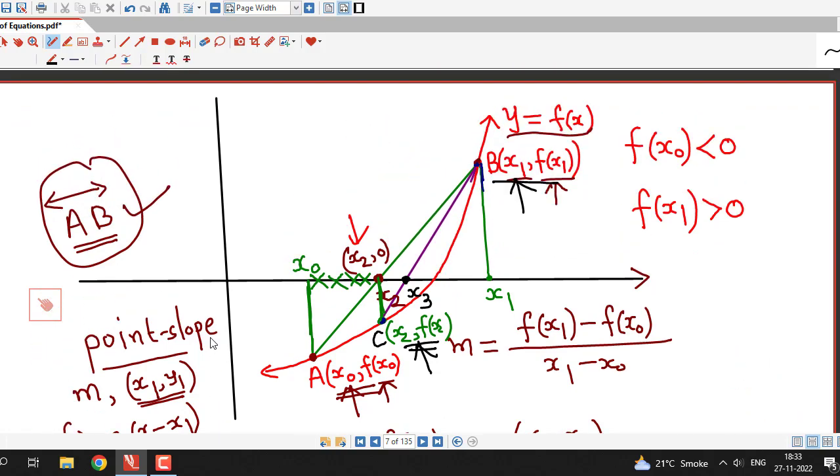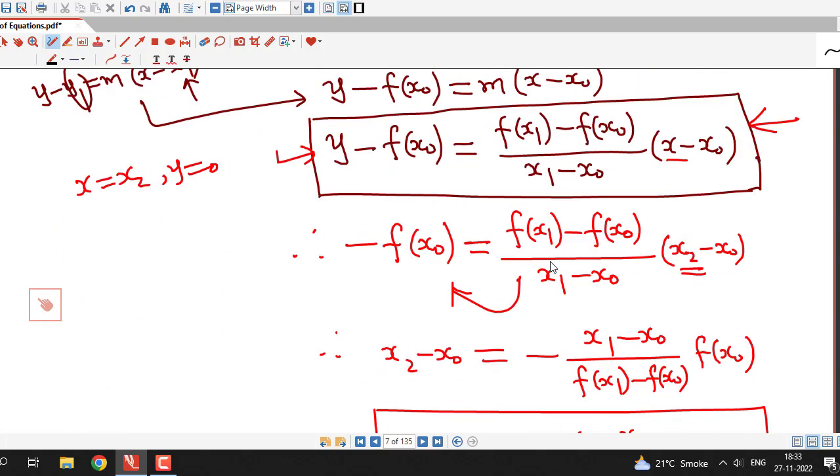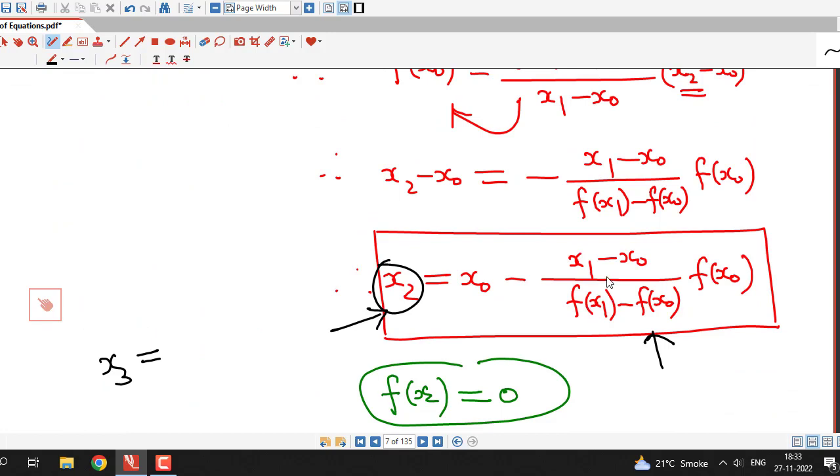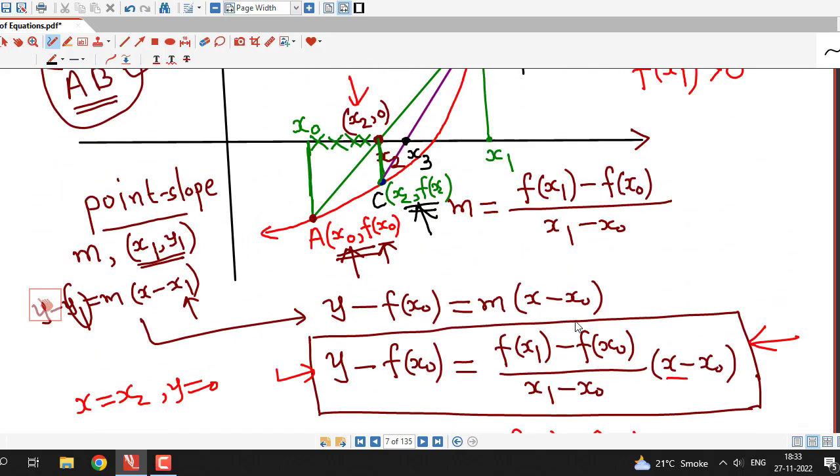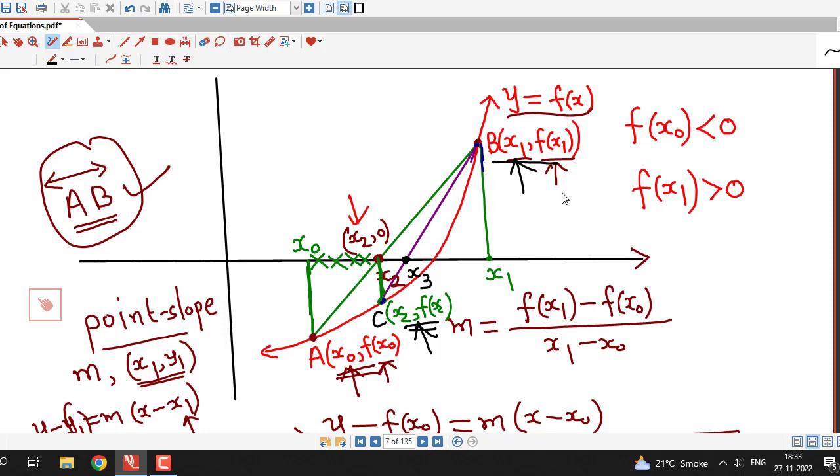What you have to remember is this formula: x2 equal to x0 minus x1 minus x0 divided by f of x1 minus f of x0 times f of x0. And if you don't want to cram this formula, you can derive it using straight lines joining given points.